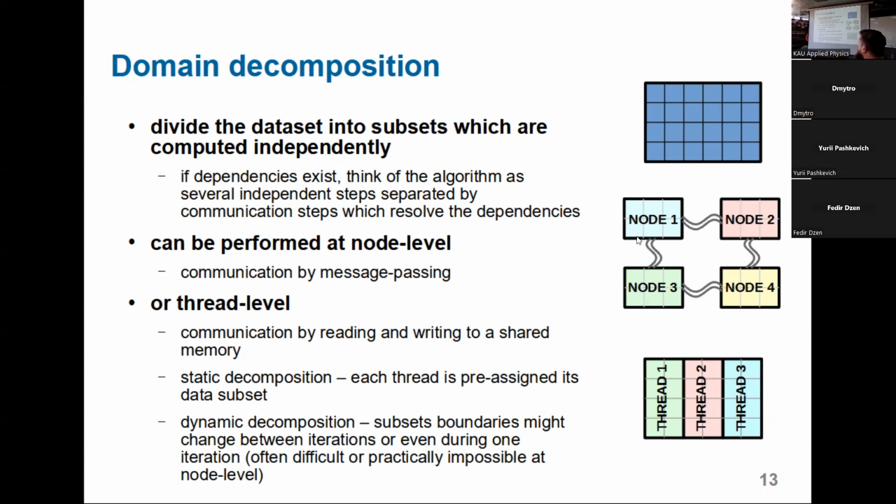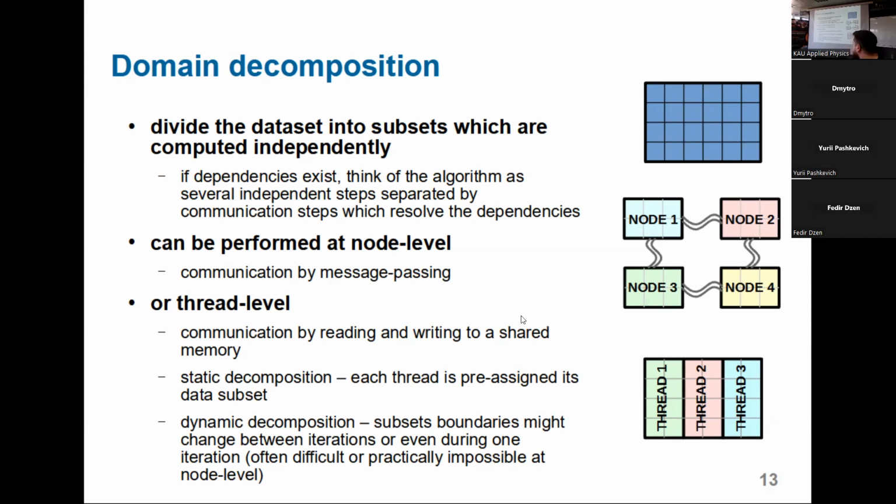So for MPI message passing or domain decomposition, my original domain is distributed among 4 nodes in this example. And if I need to know the value of the cell on a neighboring node, I need to send and receive a message.